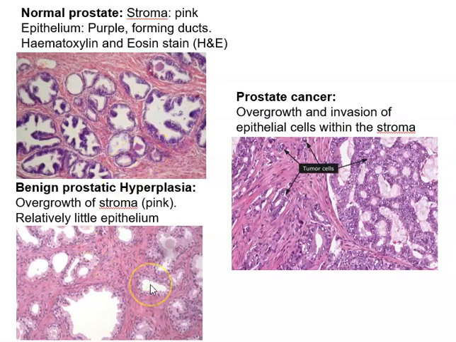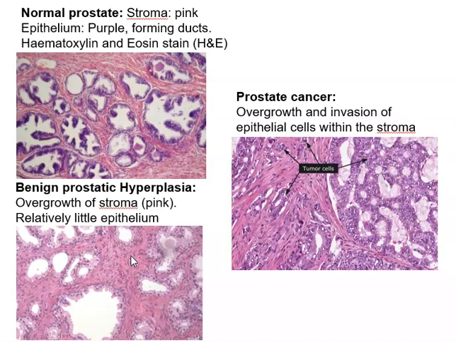In an old prostate, and benign prostatic hyperplasia tends to be a disease of older men, particularly those in the 60s and 70s. It's one of the most common diseases in elderly men. We've got big, thick wedges of fibromuscular stroma and relatively little epithelium. And it's this stroma that increases in bulk, increases the size of the prostate, and the urethra runs through the prostate.